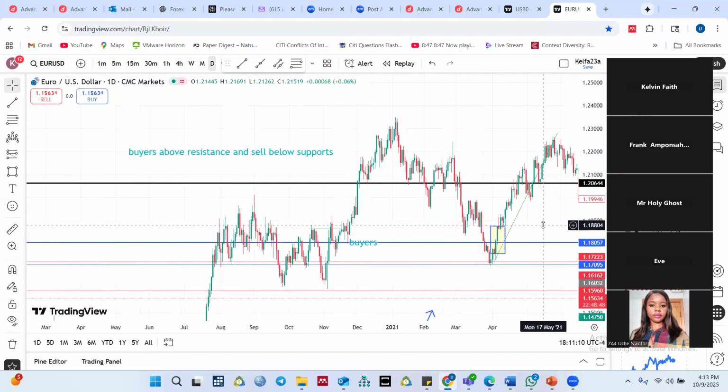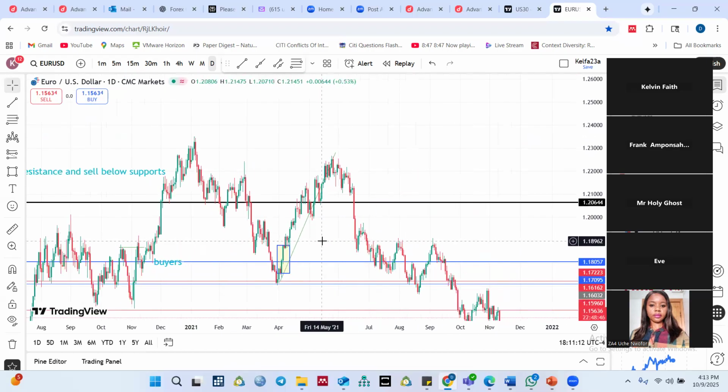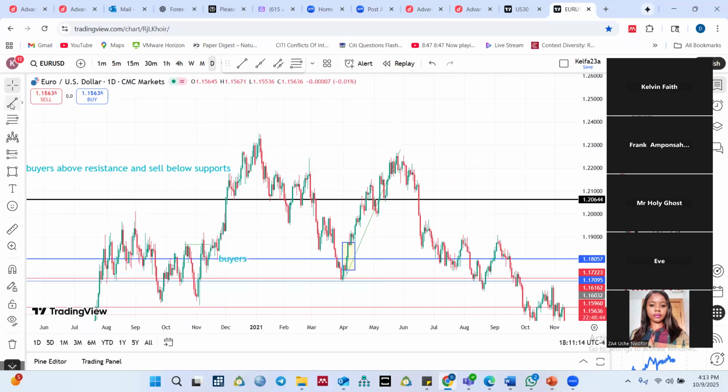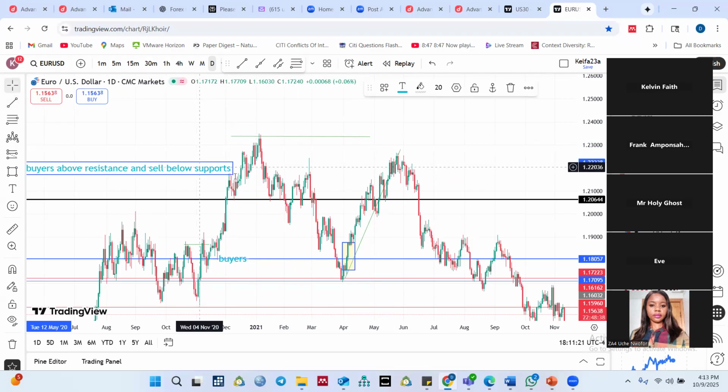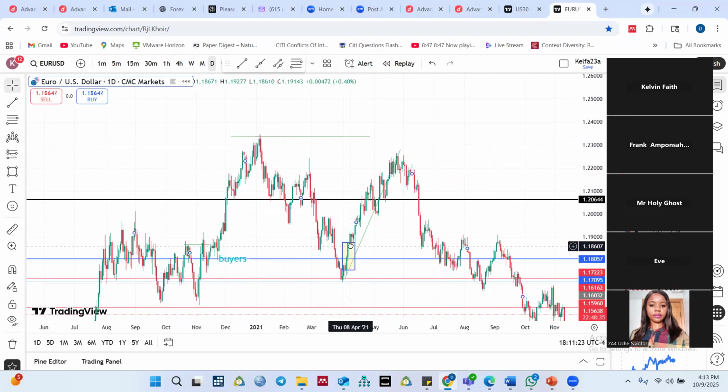But according to market structure, if we are perceiving this as a bullish market, what do you guys think we should have? We got this high here previously. Frank, what do you think this move from down here should have done?